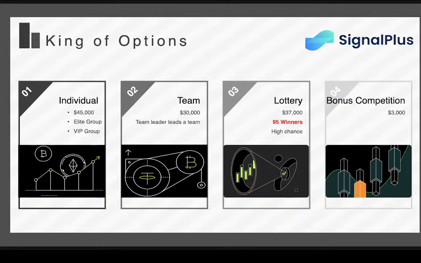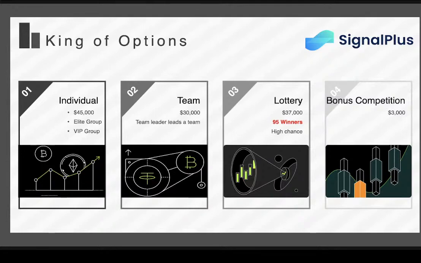And for the prize, there will be up to 30,000 USDT worth of prize pool. Leaders can get 30% of the prize in the corresponding rank if they win, and teammates will share 70% equally. So to win in this team competition, leaders need to find as many teammates as possible to compete together, so that they can achieve a higher rank.